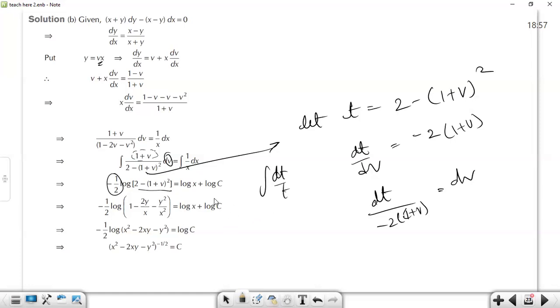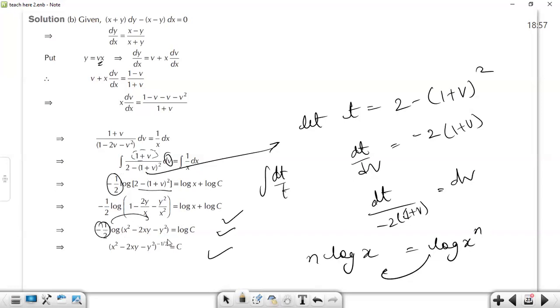Now further they have simply again back substituted the value of v, which is y over x, and simplified the expression, right? Understood. And here also what they have done is there's a property. Now the n will be over the x, and minus half they have brought upwards, and logarithm.